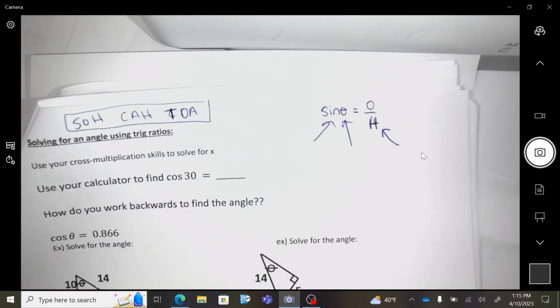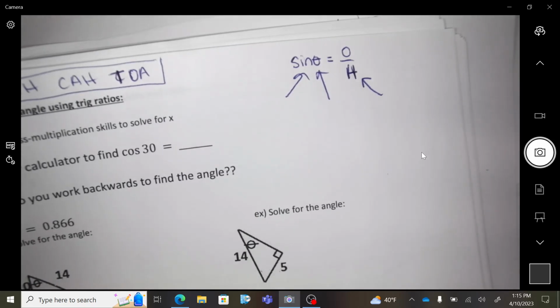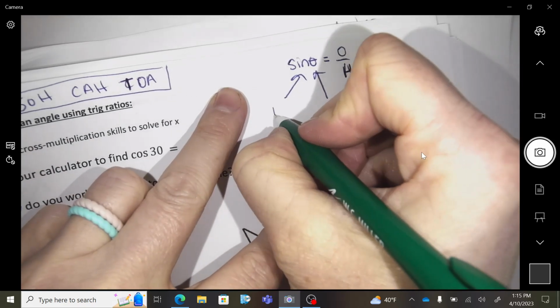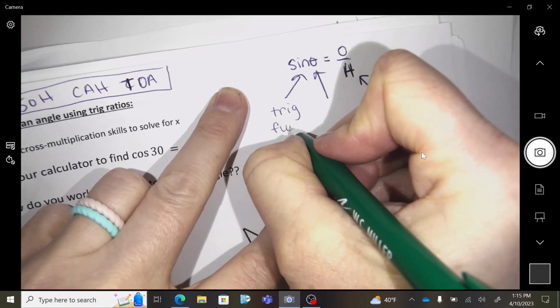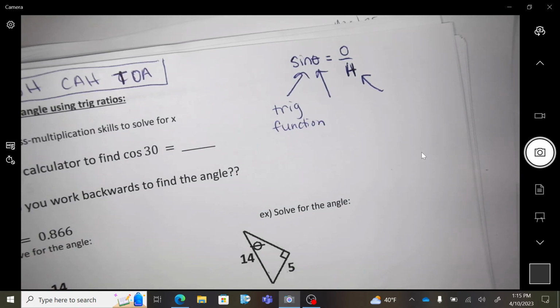When you're working with trig, this is so important. My grade 12 still get mixed up with it. If you have an idea of what's going on, it'll help you more. There's always three components of a trig equation. So the first component is the trig function. You have three options: sine, cosine, or tangent.